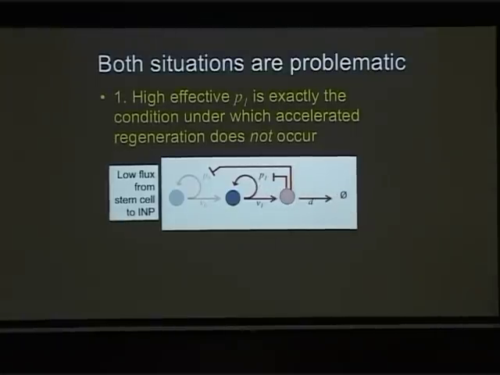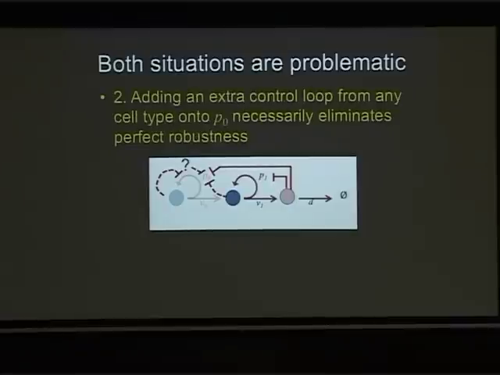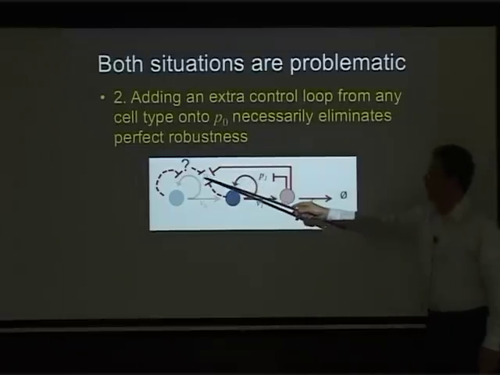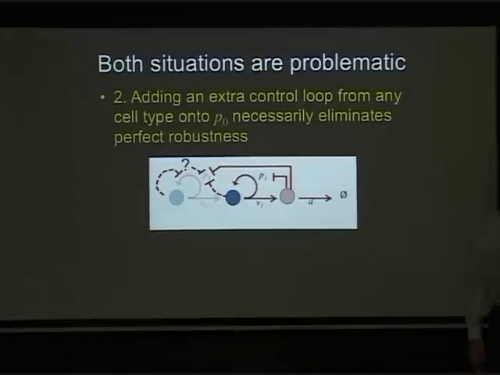And so you've sort of thrown out one of your important objectives. And the second thing is by putting any other feedback on this parameter, you throw away that perfect robustness. The integral feedback control goes to hell, right? You can't do it anymore. So that suggests that we're fundamentally missing a piece of this system, right? We obviously don't have the whole thing.